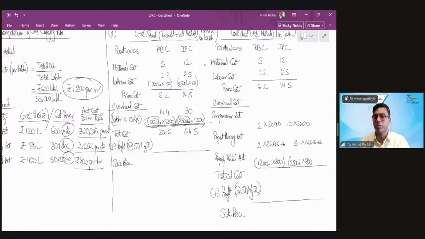So this will be my overhead charge using the ABC approach. It will be 40,000, it will be 2 lakhs, it will be 56,000 something.